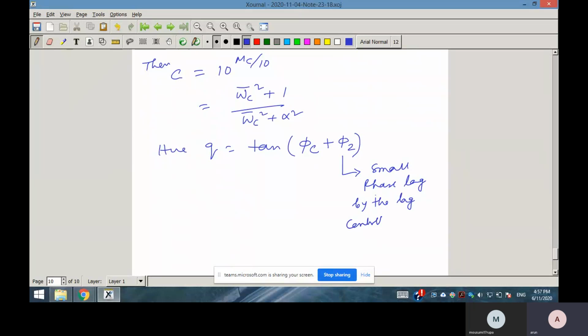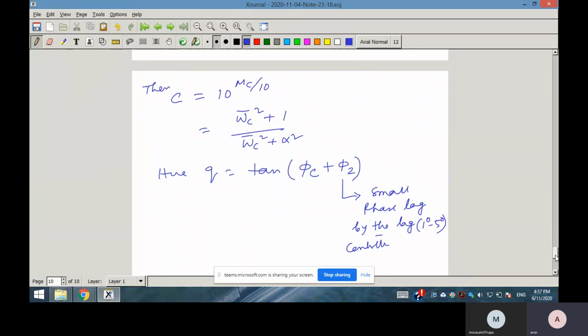So I actually want phase lead of phi C, but I have to calculate for more, so as to nullify the additional phase lag provided by the lag controller. Here, 1 degree to approximately 5 degree.